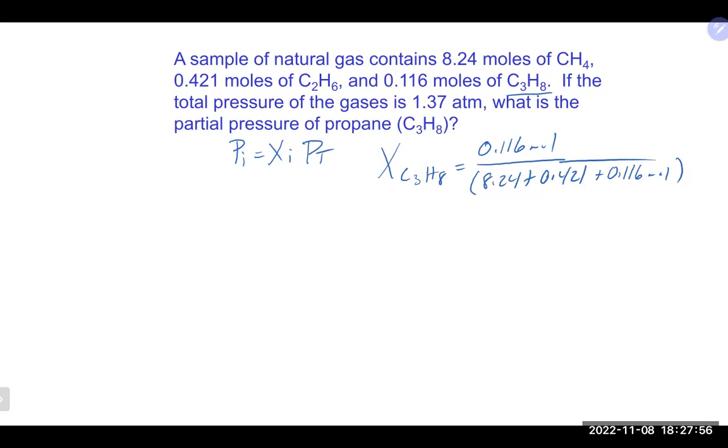That's going to give us a mole fraction of 0.0132. Remember, we don't multiply by 100, but basically it's like 1.3% of the mixture is propane.